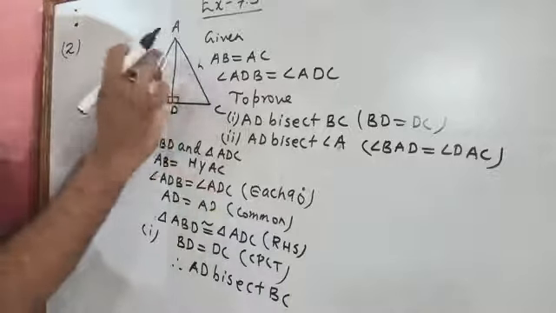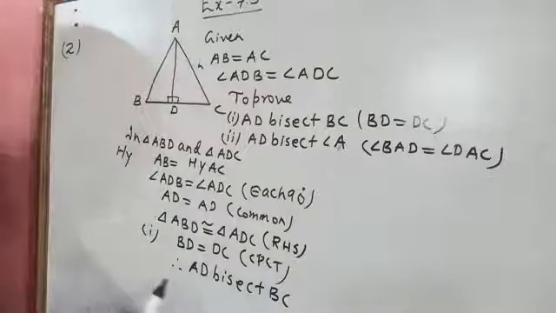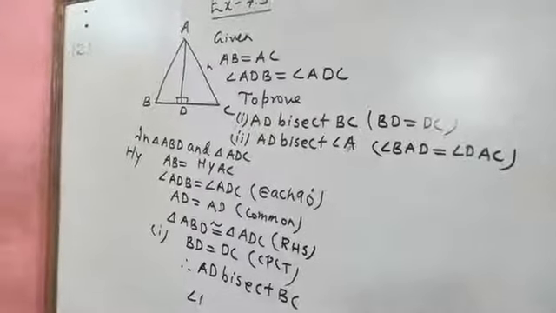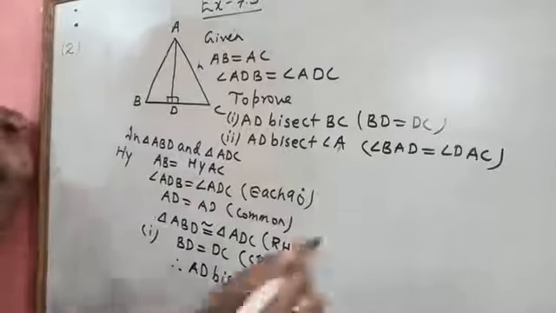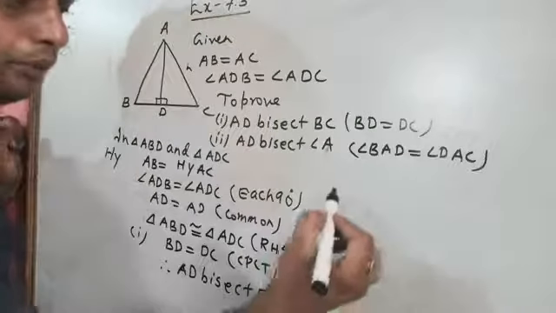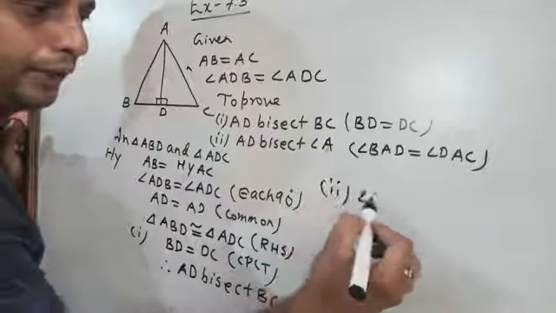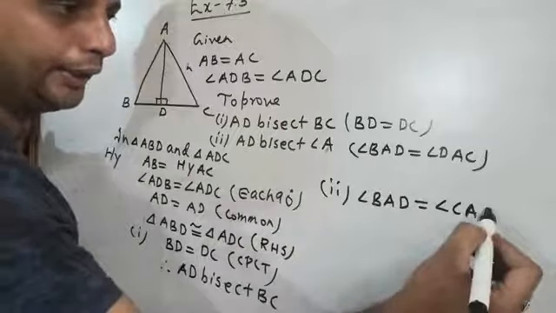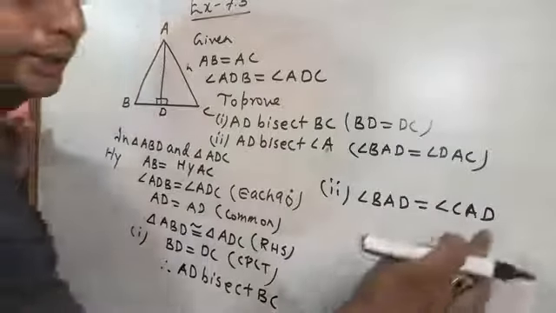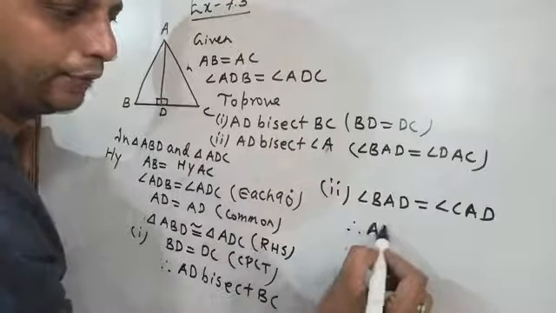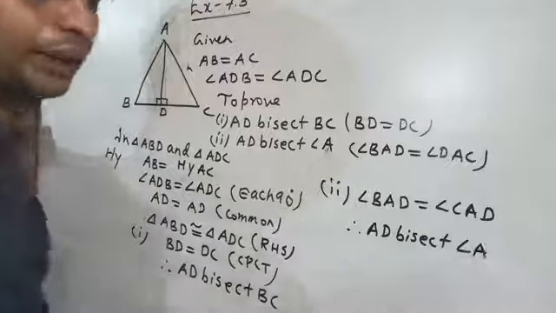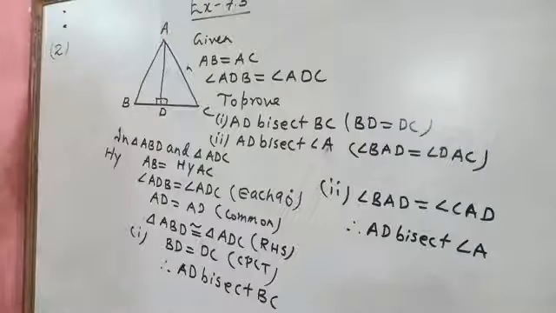Then we can write angle BAD equal to angle CAD. Therefore, AD will bisect angle A, because these two angles are equal. This is the solution of question number 2.